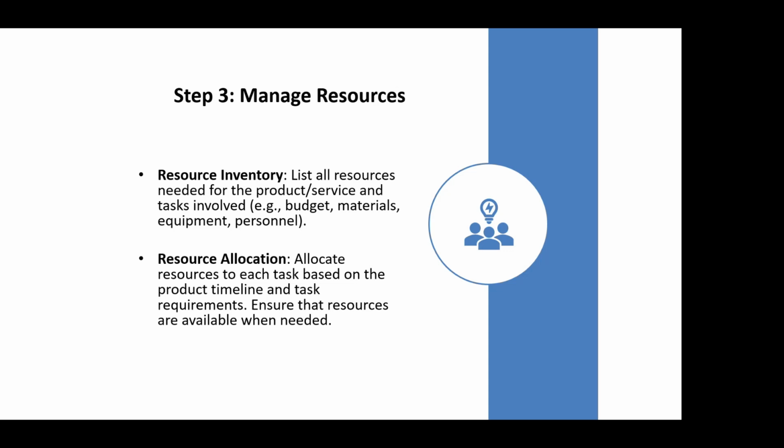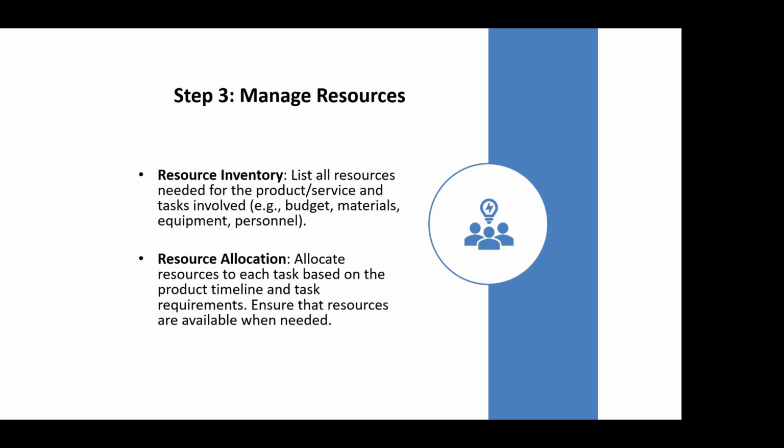We need a budget, materials, equipment, and personnel, and then allocate those resources to each task based on the product timeline and the task requirements, so we can ensure that our resources are available when needed.